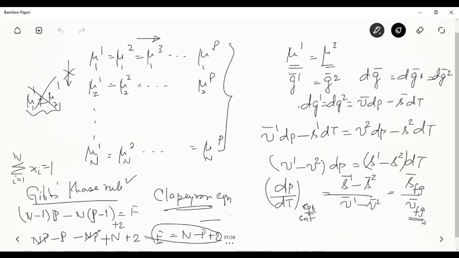And for a liquid vapor system, it actually becomes sfg by vfg. It can be in molar form or mass form. In both numerator and denominator the molecular weight gets cancelled, and you can write sfg by vfg.